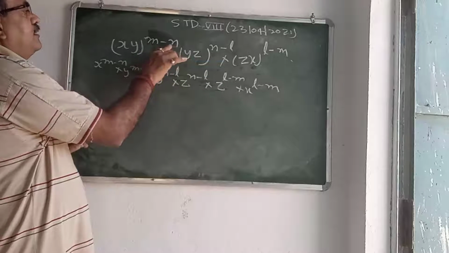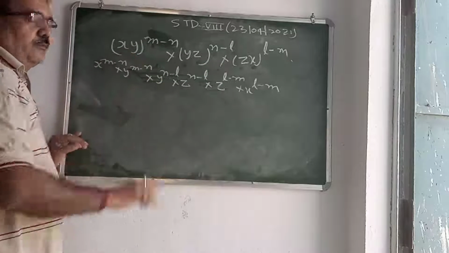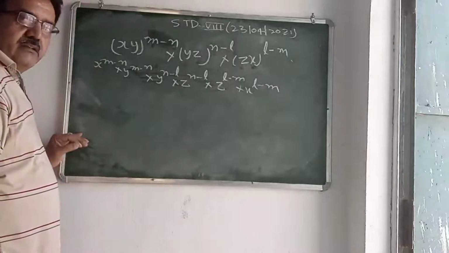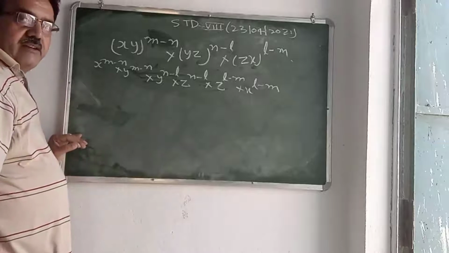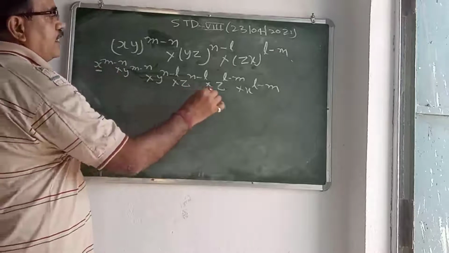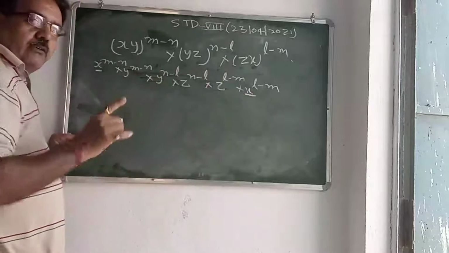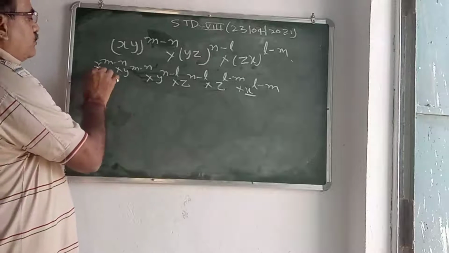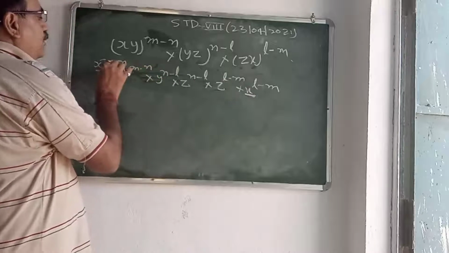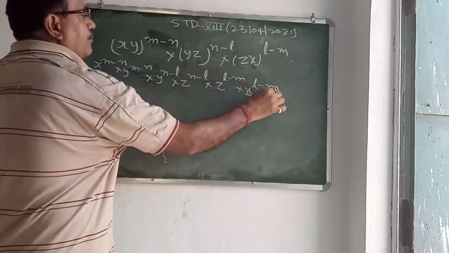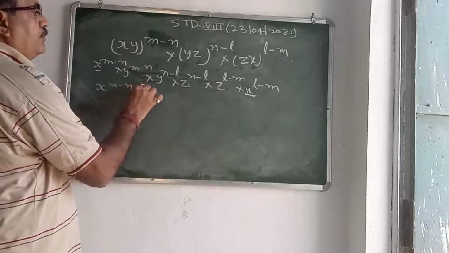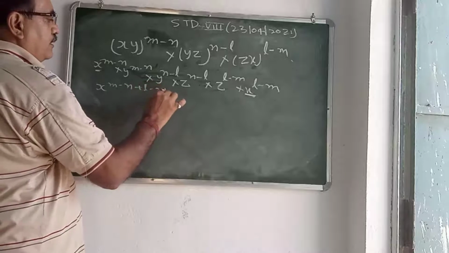Same way, m minus n is the power on x as well as on y. Now see, among them there is a multiplication sign. So if a multiplication sign is there and the same base is there, then according to the first rule of exponent, the power will be added. So this x and this x: the power m minus n plus l minus m.